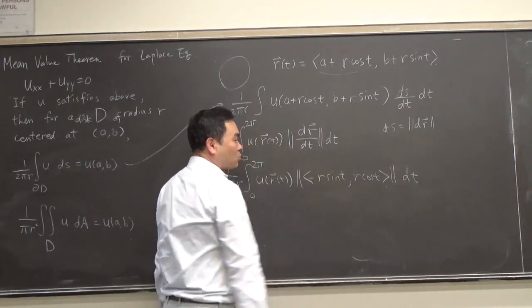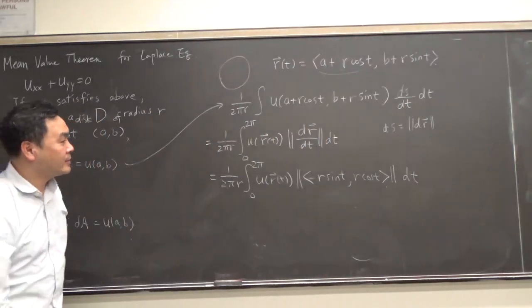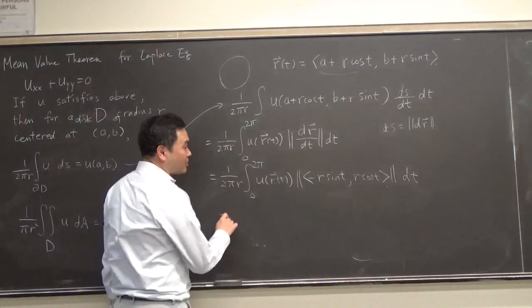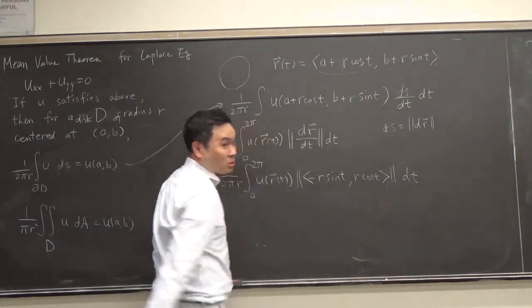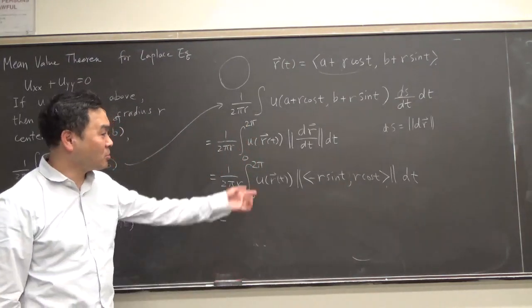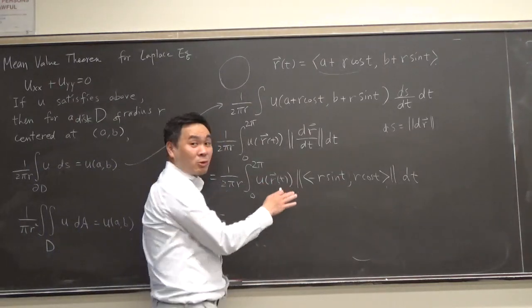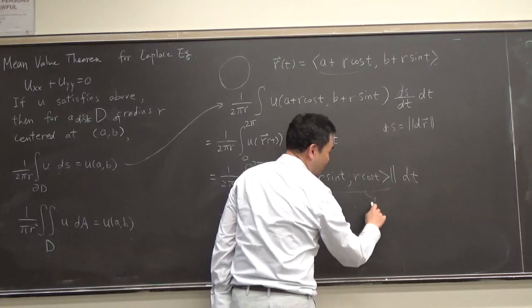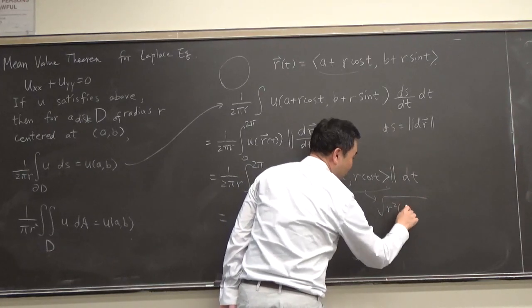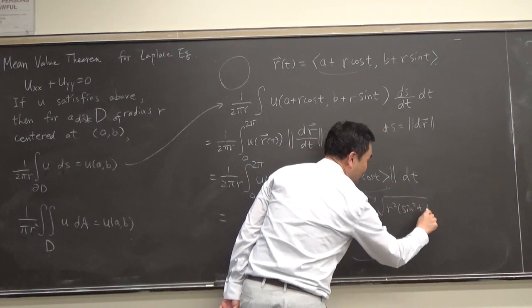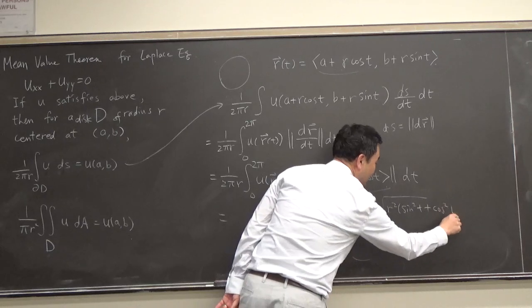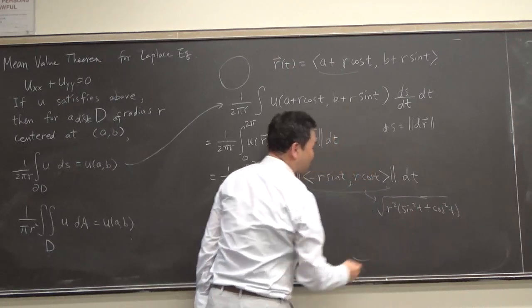Okay, how do you take the norm of a vector? Square and sum, square root, right? What's sine squared plus cosine squared? 1. So you end up with what? r squared, but there's a square root, right? So this thing here would be the square root of r squared times sine squared t plus cosine squared t, which gives you just r.